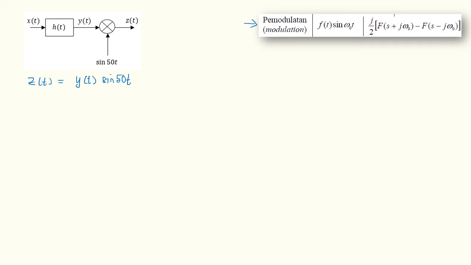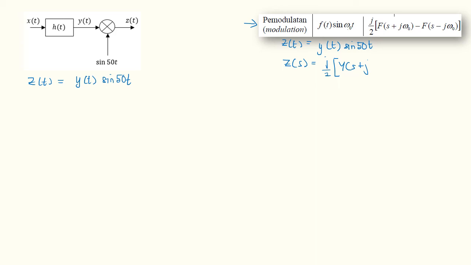So compare the given equation with the one you have. So you have zt equal to yt sine 50t, in which zs equal to g over 2. So f becomes y, in this case ys plus g.